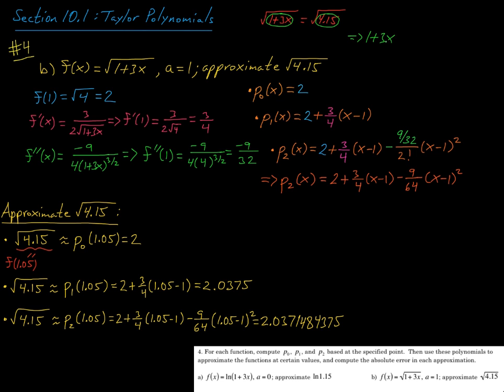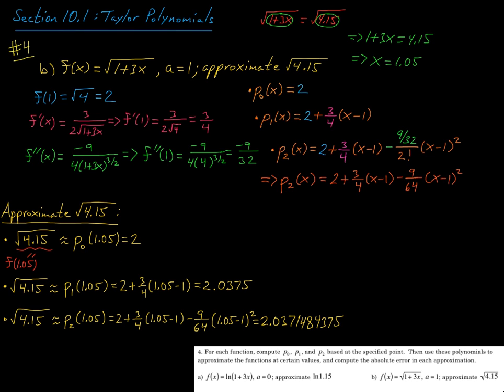So we just set those equal to each other and solve for x, and we get that x here is 1.05. Okay, so this square root of 4.15 is really f of 1.05. So that's approximately P0 of 1.05, which is equal to 2.